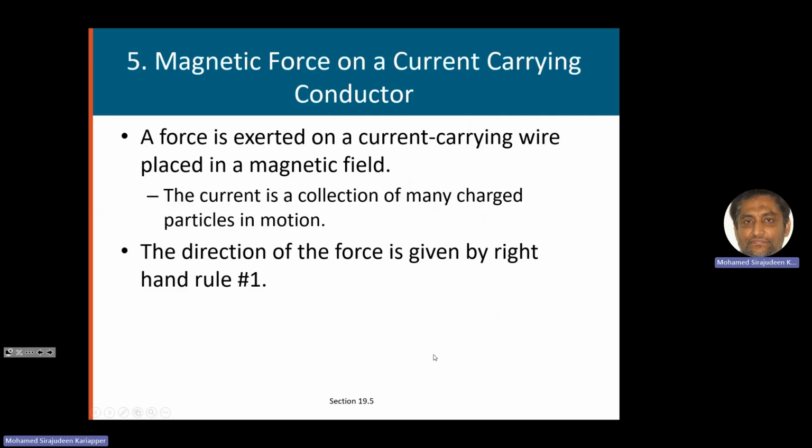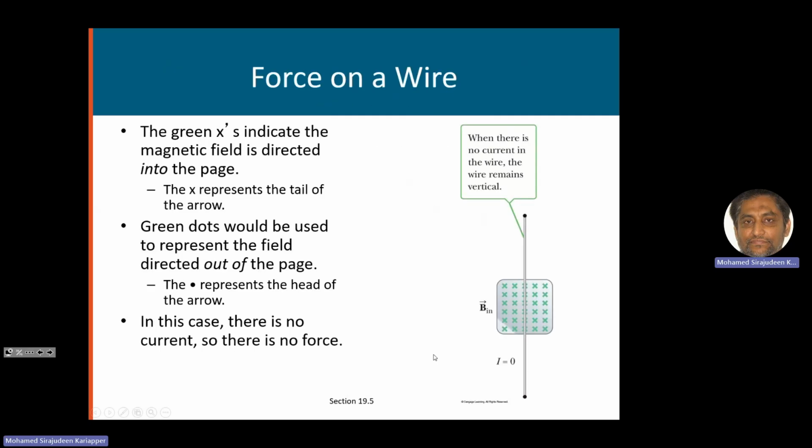So now we are jumping from a single charged particle to the complete wire, which consists of lots of identical charged particles moving in the same direction. So the whole wire will experience a force. We can do an experiment and see that. Here we have a wire, and this wire is placed in a magnetic field.